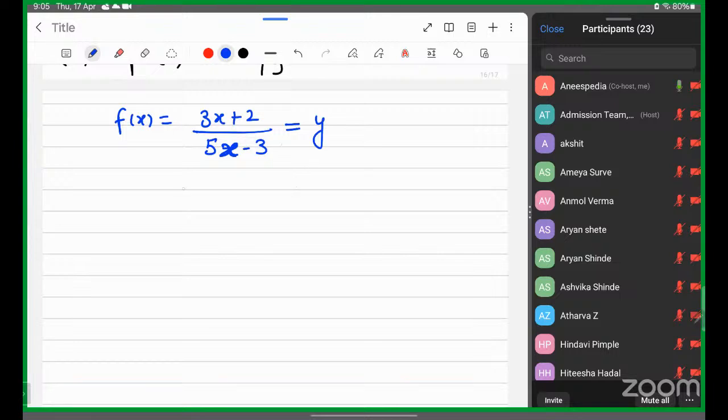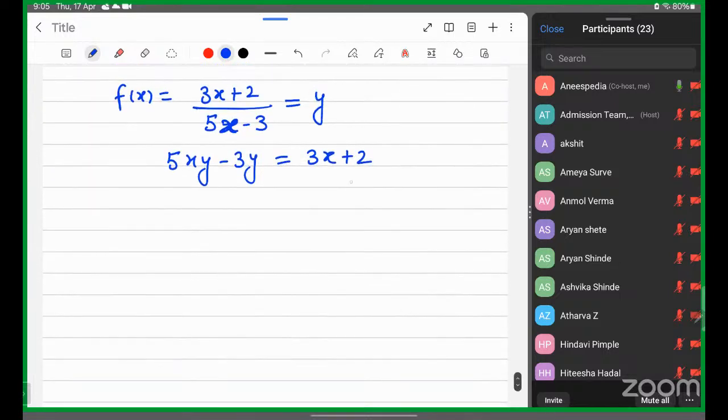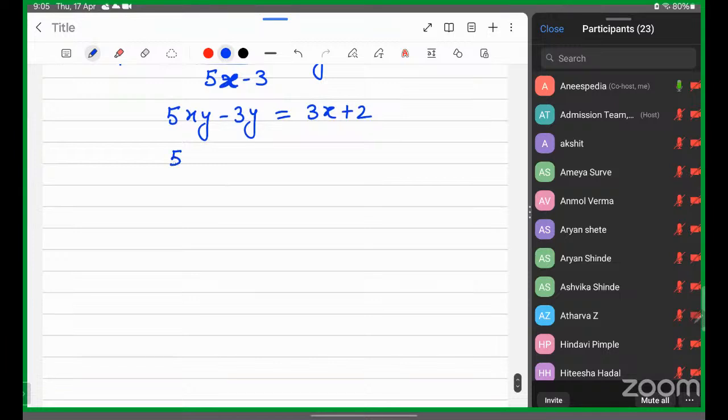So if you cross multiply, this will be 5xy minus 3y is equal to 3x plus 2. Take 3x on the other side and 3y on the right hand side. This will be 5xy minus 3x is equal to 3y plus 2.